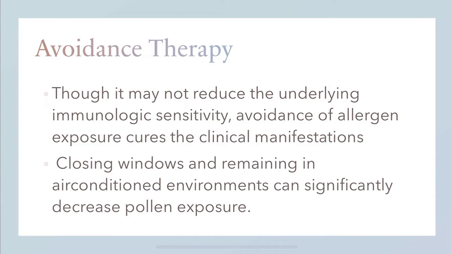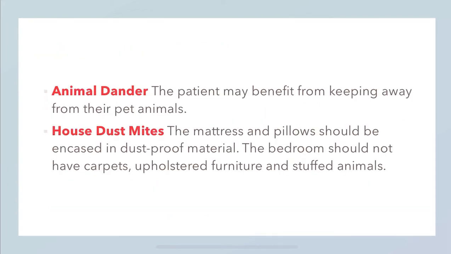Closing the windows and remaining in an air-conditioned environment can significantly decrease pollen exposure. Animal dander. The patient can benefit from keeping away pet animals. House dust mites. The mattresses and pillows should be encased in dust-proof material.